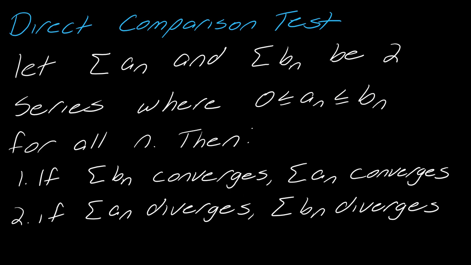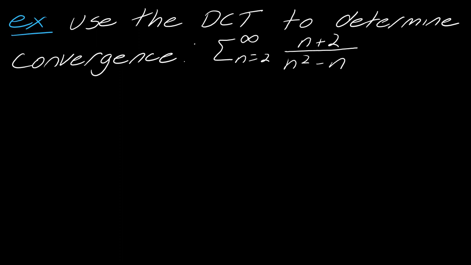I think it would be easiest if we just look at an example. We're going to use the direct comparison test to determine convergence for the series n plus 2 over n squared minus n. One thing that can be tricky sometimes is figuring out what's a good thing to compare this to.